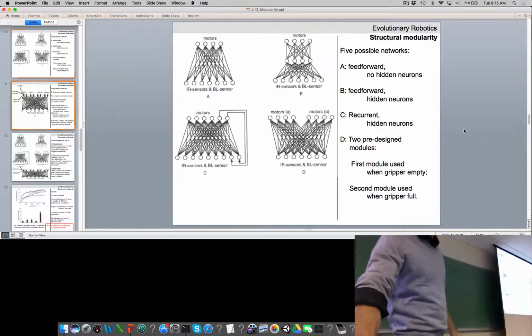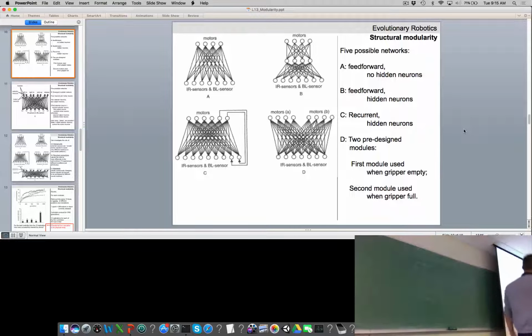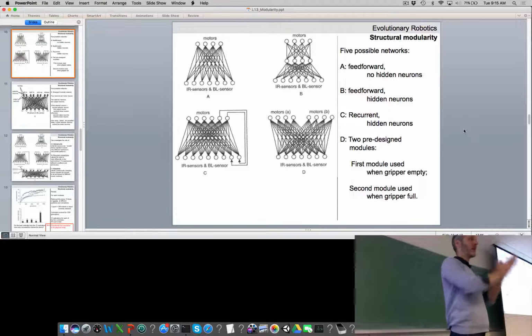The easiest way to think about this is to compare this back to network D, right? Here are two different ideas about what the robot should do at the next time step. And how does the robot determine which of these two ideas to actually carry through to reality? It's based on whether it's holding a cube or not.